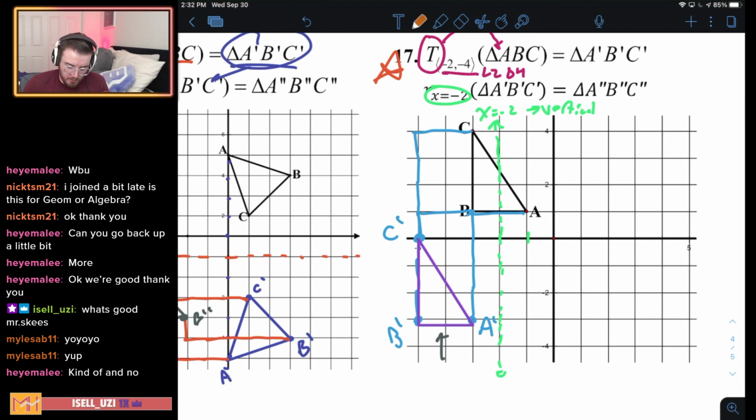So what I'm counting is, all right, C prime is 1, 2, 3 away. So on the other side, it's going to be 1, 2, 3 away. There's C double prime. B prime is 1, 2, 3 away from the line of reflection. So B double prime is going to be 1, 2, 3 away over here.